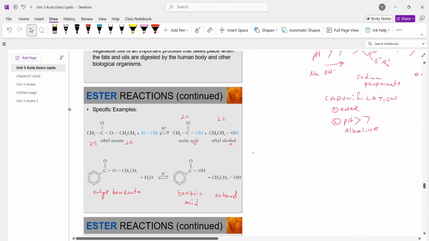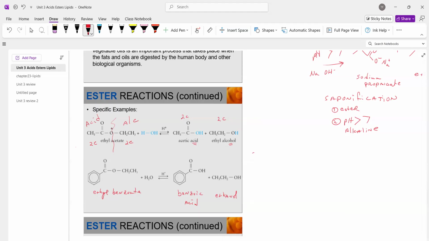So basically, we split that ester right at that oxygen there. This side is the alcohol, this is the acid side, or the acid salt if it's alkaline conditions.